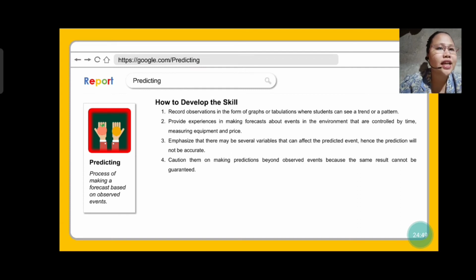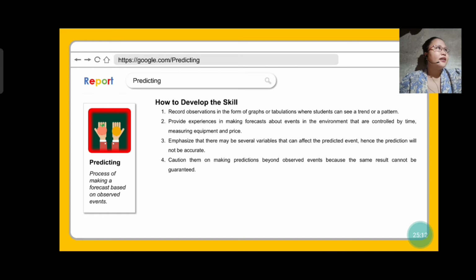So first is to record the observation in the form of graphs or tabulations where students can see a trend or a pattern. Although it will be used in high school, for example, with the leaves, record observations in forms of graphs or tabulation.